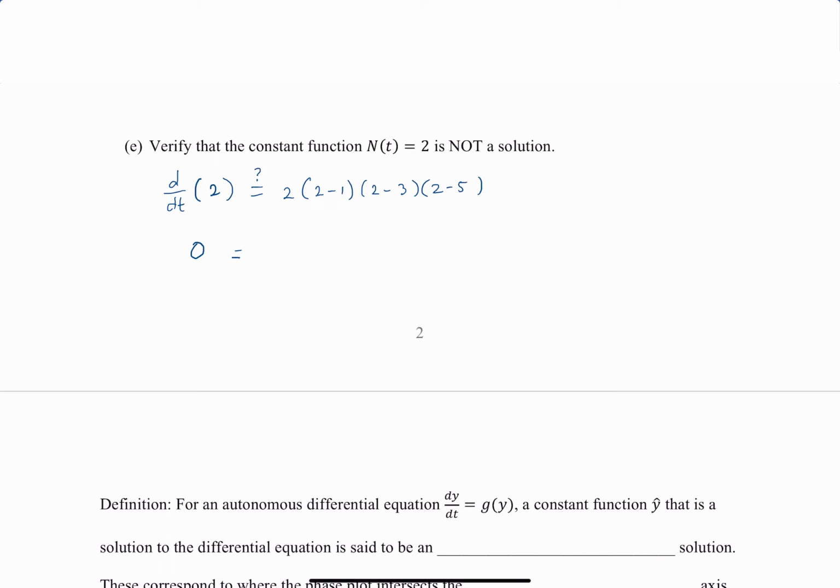On the right-hand side, I'm going to have 2 times 1 times negative 1 times negative 3, which is, what is that? 3 times, that must be 6. Those are clearly not equal. We did not get a true equation, so n of t equals 2 is not a solution.